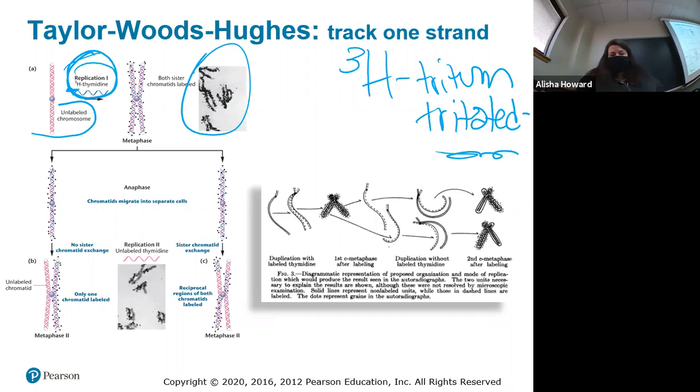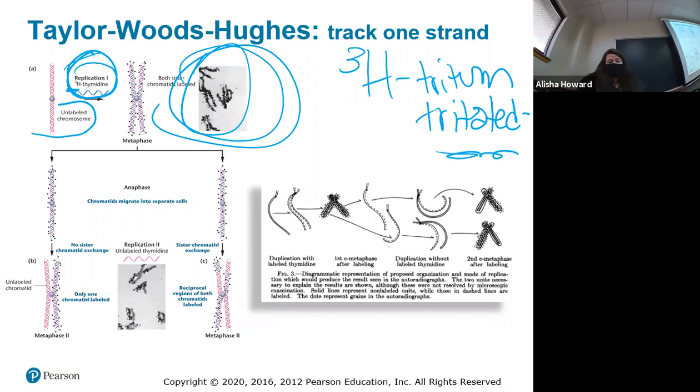An unlabeled chromosome proceeds through the cell cycle in the presence of that tritiated thymidine. As it enters mitosis, both sister chromatids of the chromosome are labeled, as shown in the upper right by the autoradiogram film when you do the exposure.